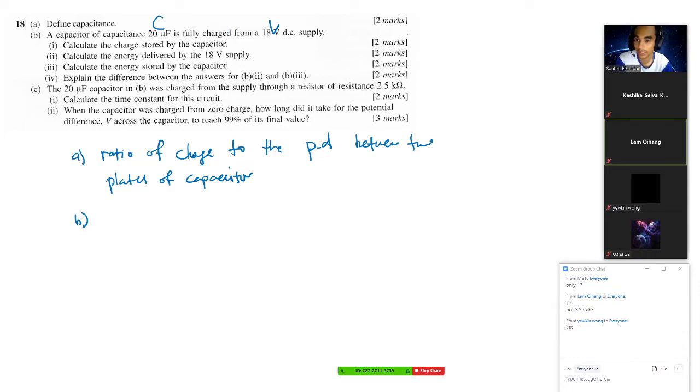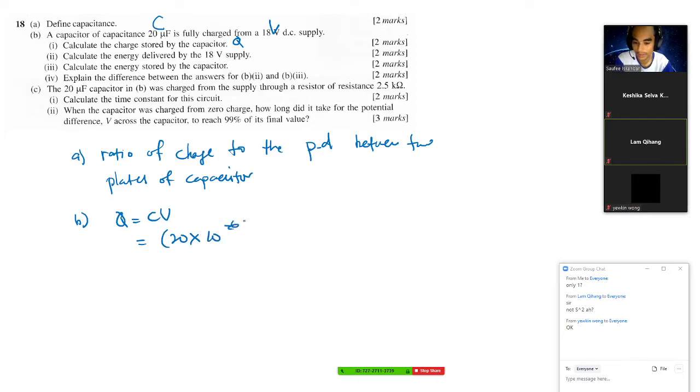So we need to find the charge Q. Q equals CV. It will be equal to 20 times 10 power of negative 6 times 18, and you have 3.6 times 10 power negative 4 coulomb.